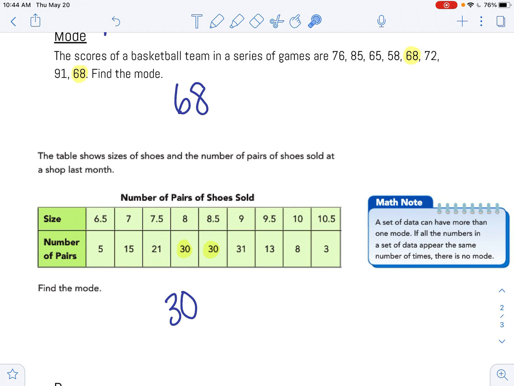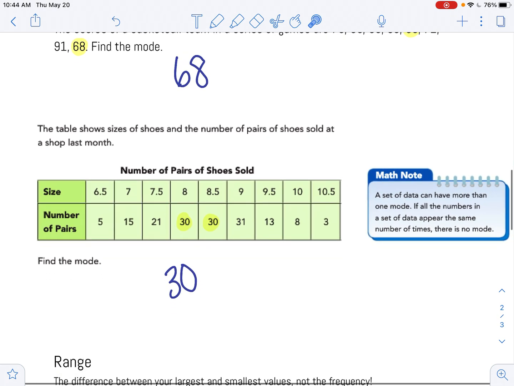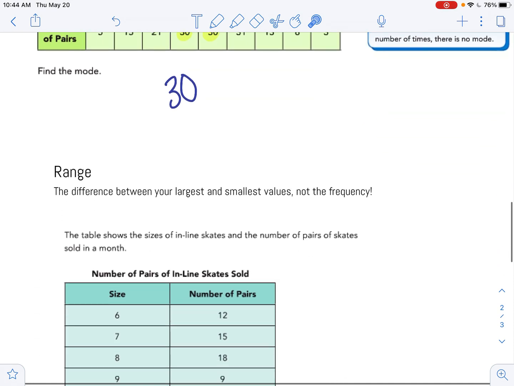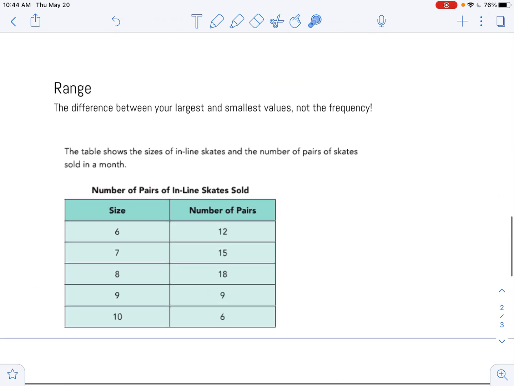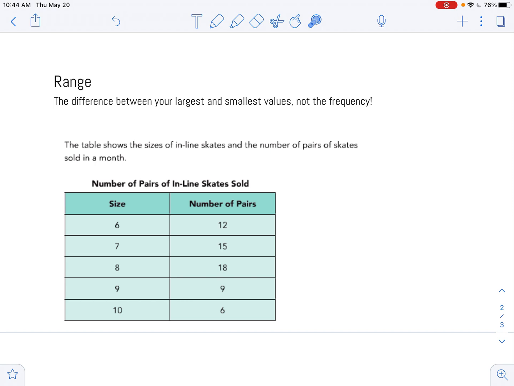Okay, in our last skill that we're going to be remembering here is range, finding the range. So really what we're doing here is we're finding the difference between the largest and the smallest values. Okay, and that's not focusing on the frequency, which would be your first column here in your tables.